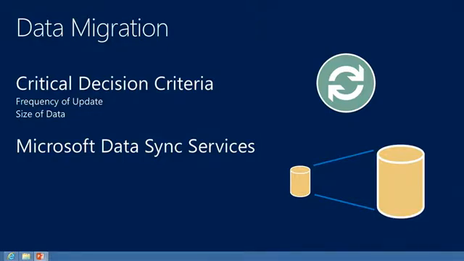So the Microsoft Data Sync Services uses triggers on the client and the server, and a series of tracking changes to know what's changed and basically push the changes up into Azure. There are some limitations with this. The Microsoft Data Sync Services does not currently support geospatial data types. It's a small issue. Okay.